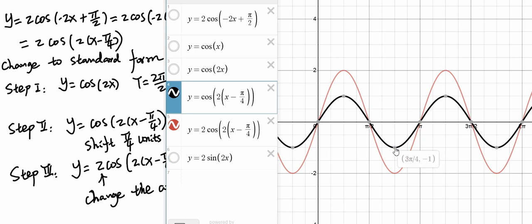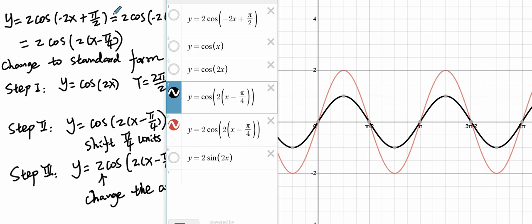This point is elongated to the lower one. This one is elongated to the higher one. 1 times 2 is 2. Negative 1 times 2 is negative 2. So for these two places, the rule is to change the amplitude.